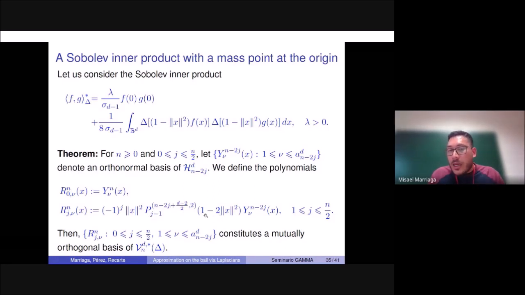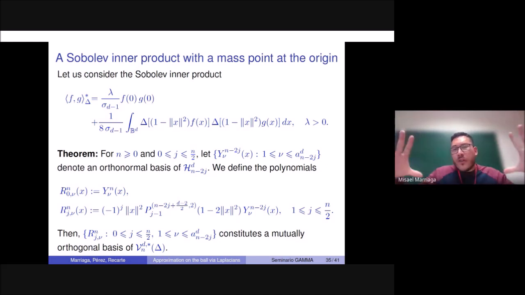And something else that happens is that instead of having an orthogonality on the interval 0, 1, we have something similar, but instead of integrating from 0 to 1, we are integrating from 1 to 0. Okay, so before, the way that we integrated on the ball was from the center to the sphere. And in this case, what we're doing is evaluating this integral from the sphere to the origin.